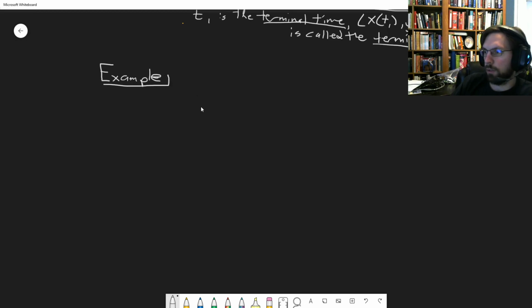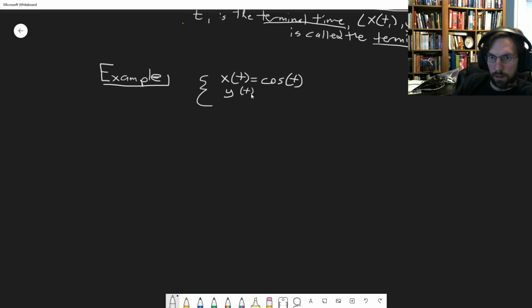Okay, and this is more or less going to be a standard example I like to use a lot. Okay, so our parametric curve is going to be defined by x of t is equal to cosine t, y of t is equal to sine t.